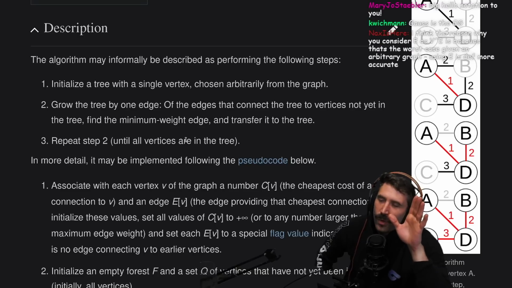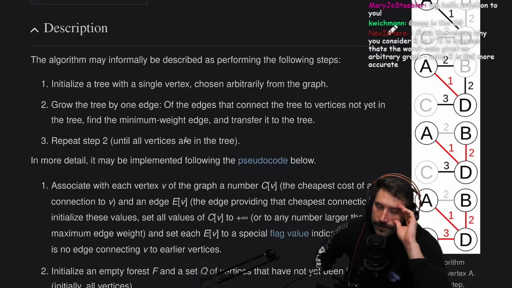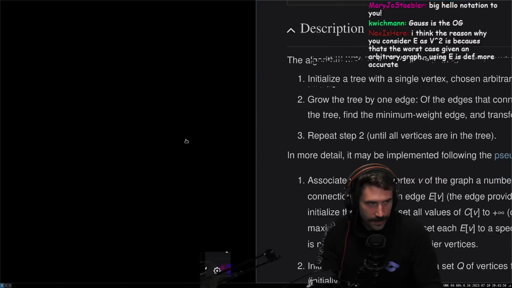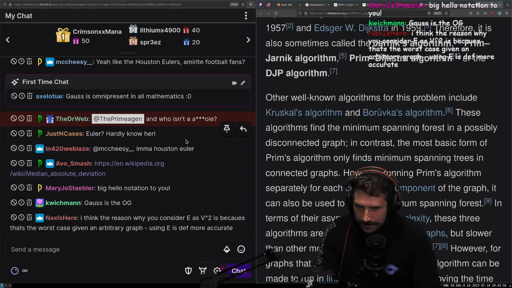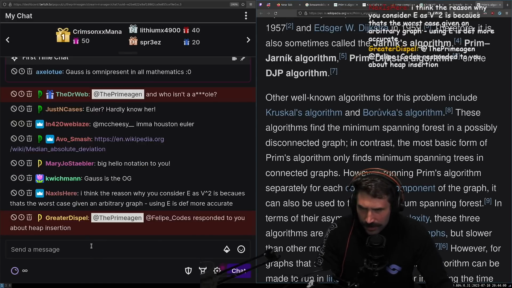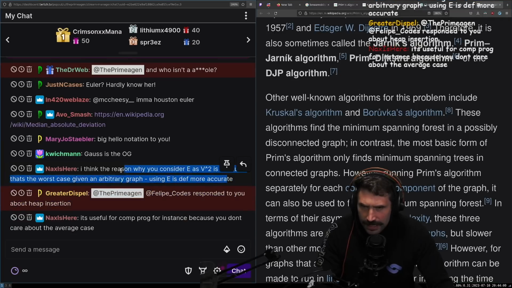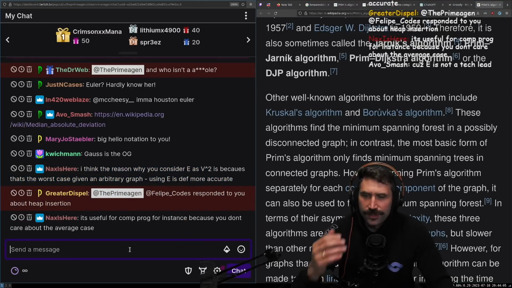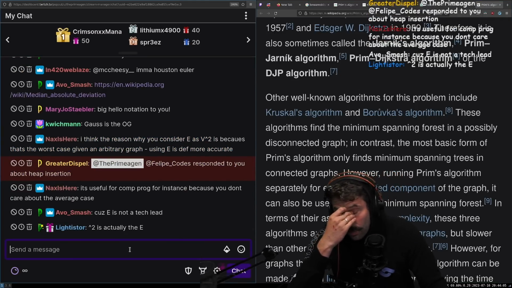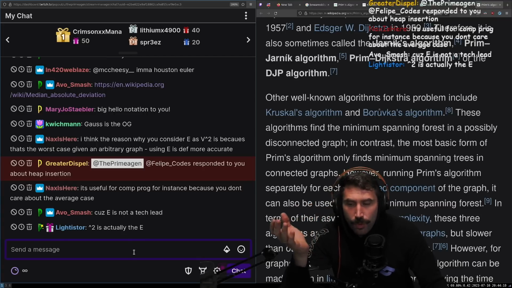I'm still struggling why E isn't in there. I think the reason why you'd consider E as V squared is because that's the worst case for an arbitrary graph. Yes, E is definitely more accurate. So that's my whole problem: why isn't this thing E? It feels like more than E.